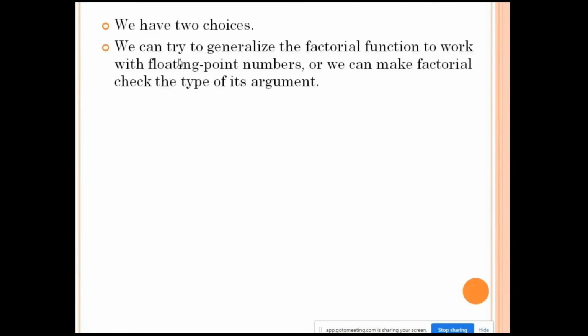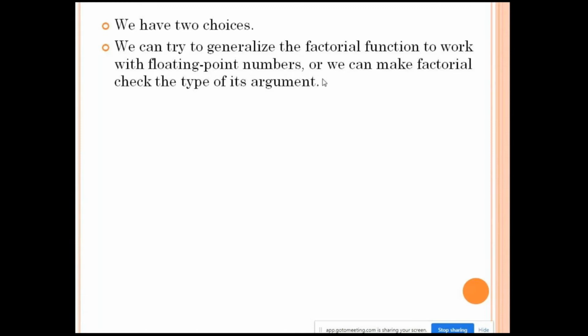Okay, we have two choices. We can try to generalize the factorial function to work with floating point numbers, or we can make factorial check the type of its argument.